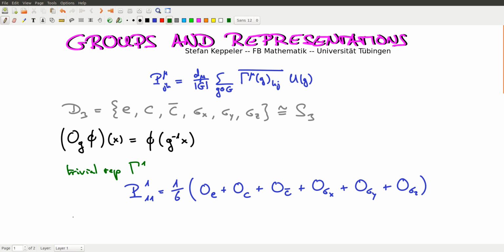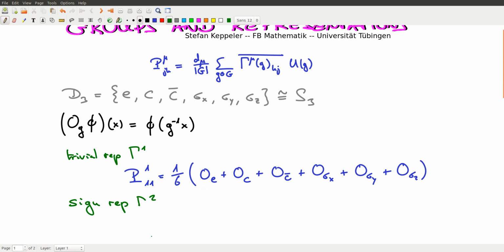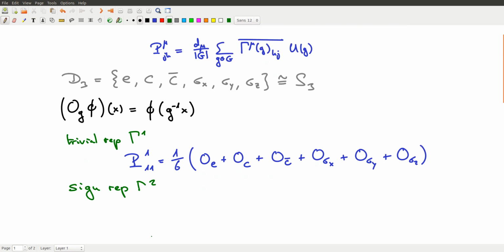Then there was another one-dimensional representation. That's the sign representation. Let's call it gamma 2. And if we construct the corresponding projection operators, or just one operator again, it's P2, 1, 1. Again, it's also one-dimensional, so we have a 1 over 6 factor here.